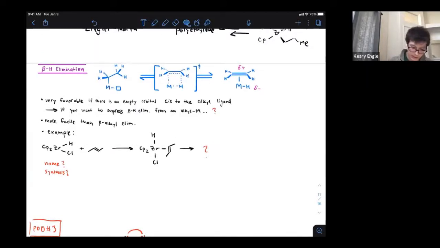So now let's consider the microscopic reverse of 1,2 migratory insertion, which, in general, we would call beta elimination, and where this is most common is in beta hydride elimination. This process takes place rapidly.